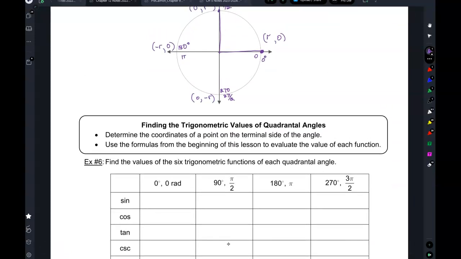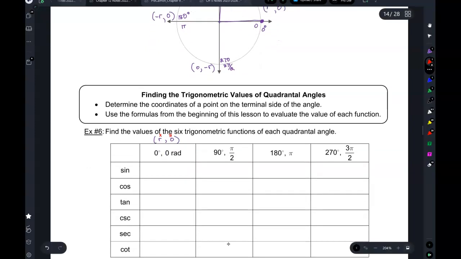So if I wanted to find the sine of 0 degrees, now 0 degrees is at r comma 0. This is x, this is y, correct? Sine, remember, is y over r. What would it be? 0 over r, 0.